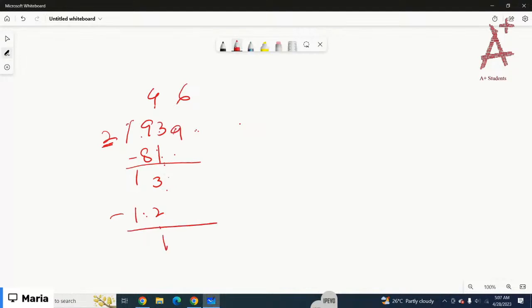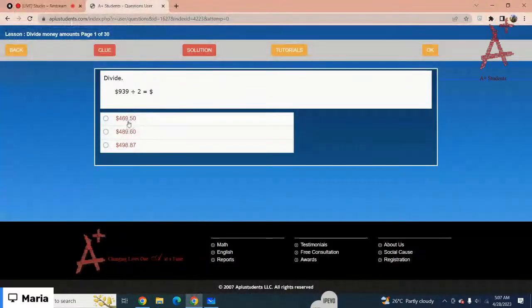Now bring the 9 down. When you bring 9 down, 2 times 9 is 18. You're left with just 1. Put a decimal point over here and 0 over here, and 2 times 5 makes 10. Got it? So it would be 469.5. So the correct option is option number 1.